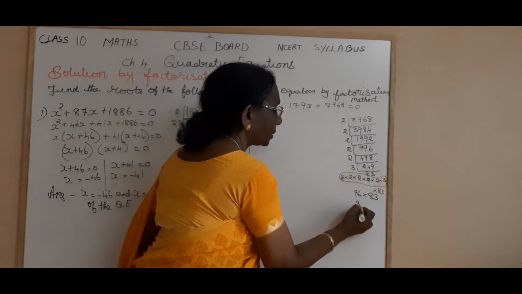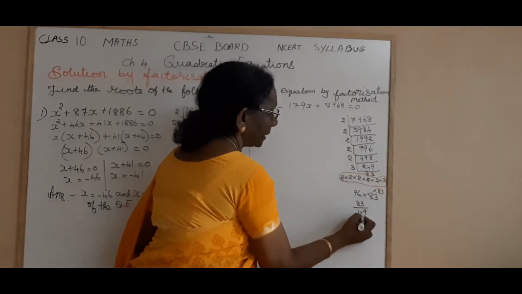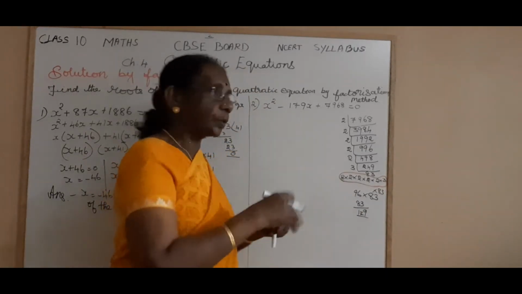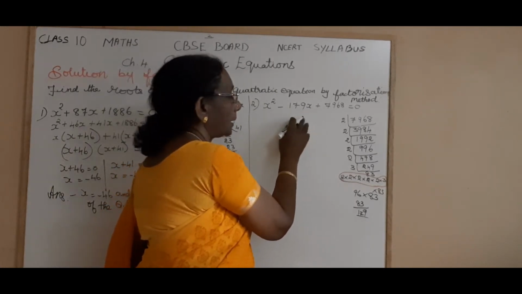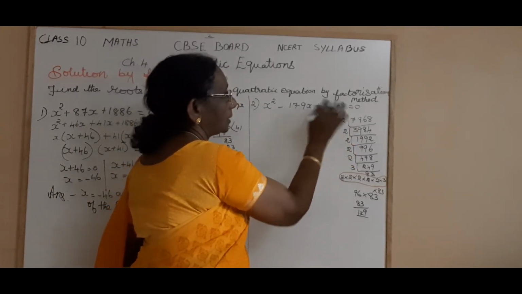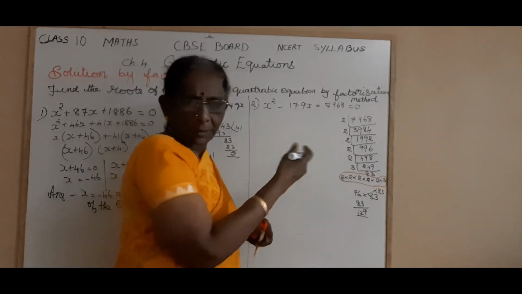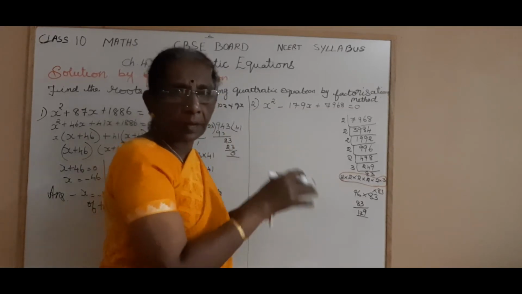Now add both. 9 plus 8, 17. So you are straight away getting it. If you don't get this, only then you should go for that step. When you add, you have to get 9, and when you multiply, you have to get 8. Like that, you should go to that step. Now straight away you are getting the answer. So no need to go to that step. Easily you are getting this.